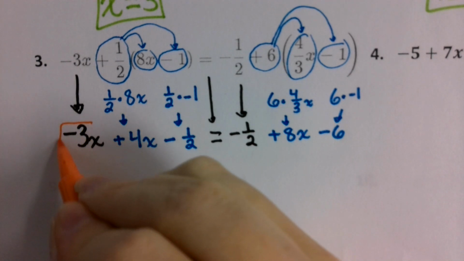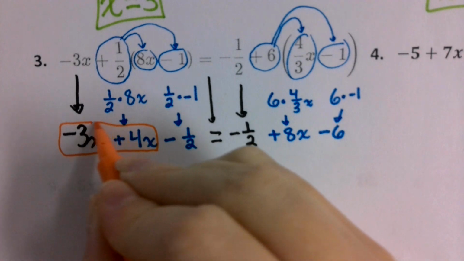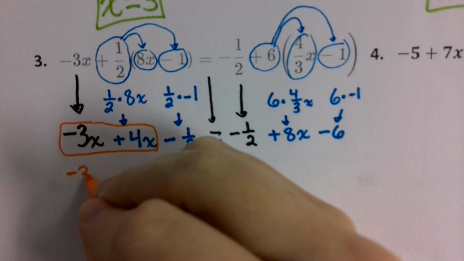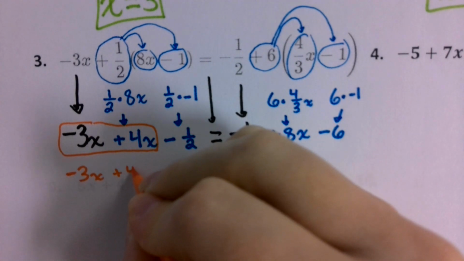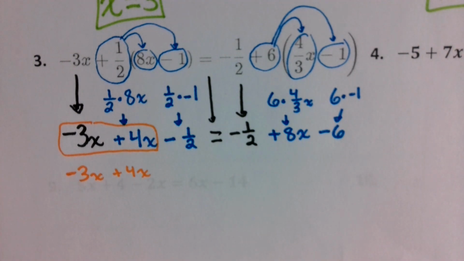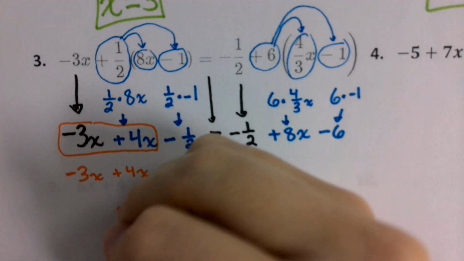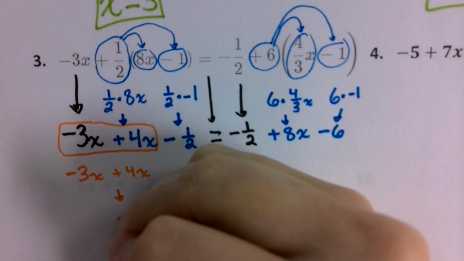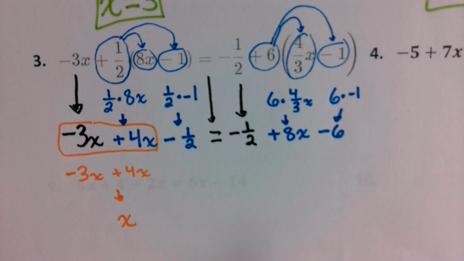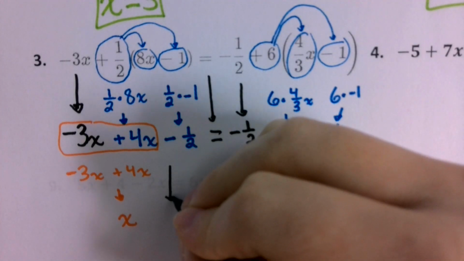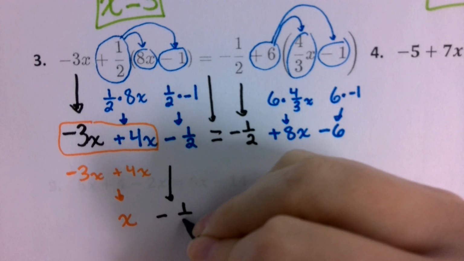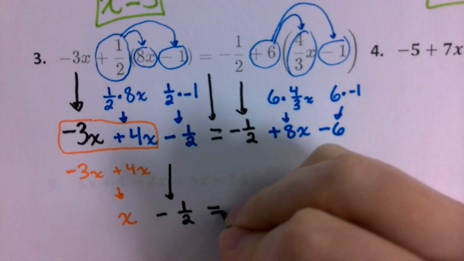Okay, this negative 3x and this positive 4x can get combined together. Negative 3x plus 4x is going to come out to a positive 1x. Do I have to write the 1? No, I don't have to write the 1 at all. So that's a positive 1x. There's nothing else that can be simplified, so it's just going to come straight down as a minus half equals.